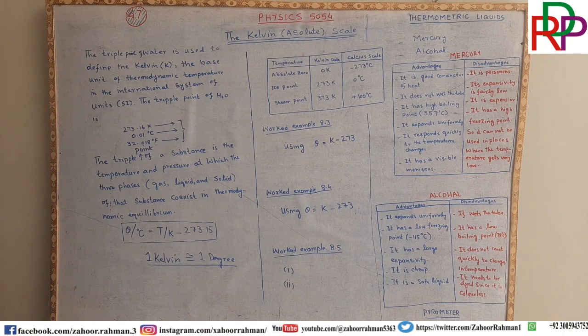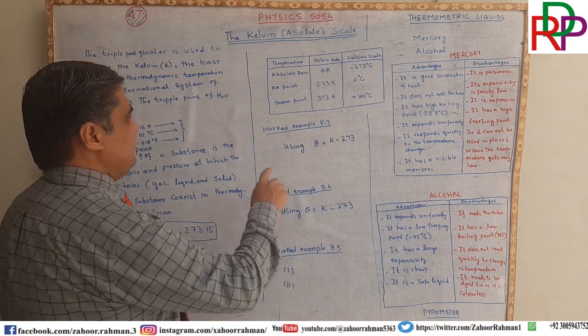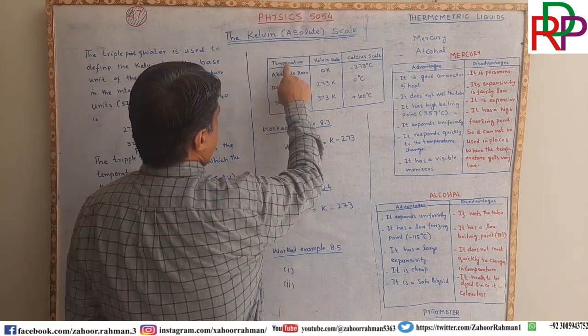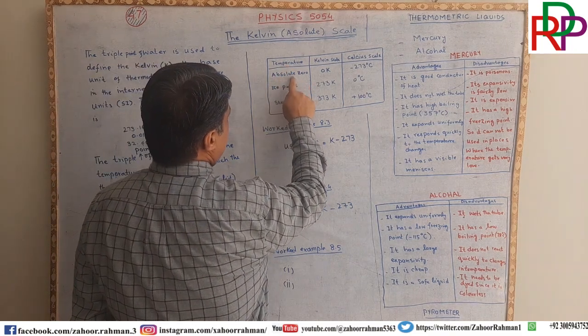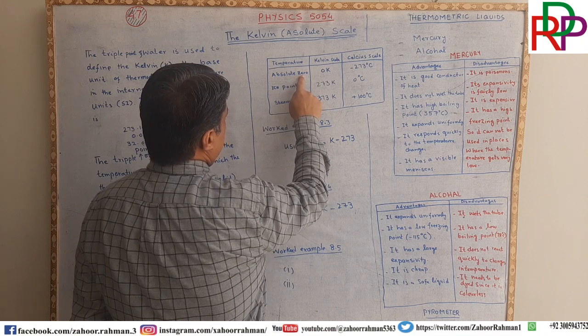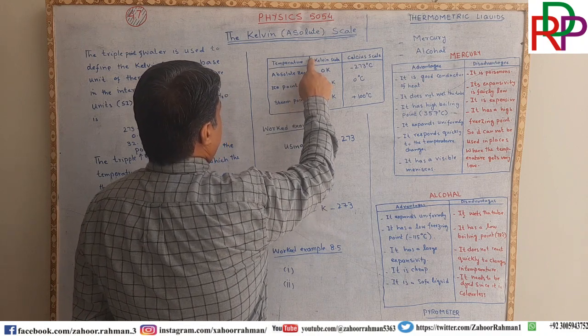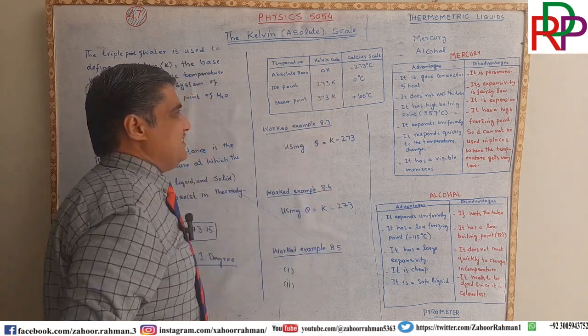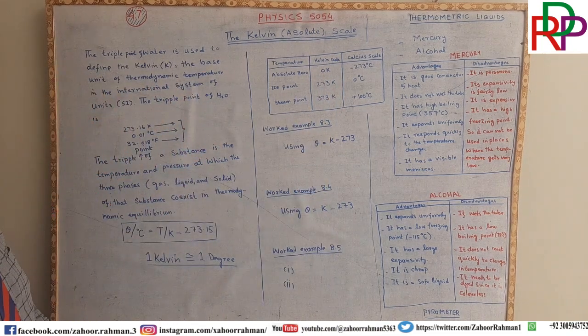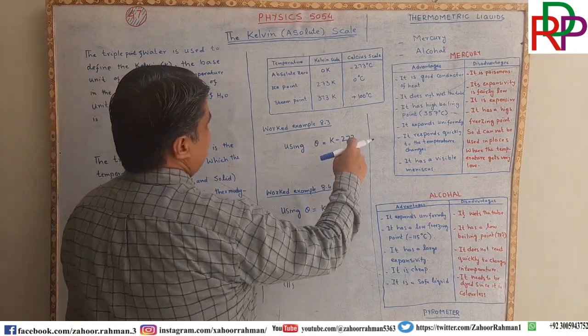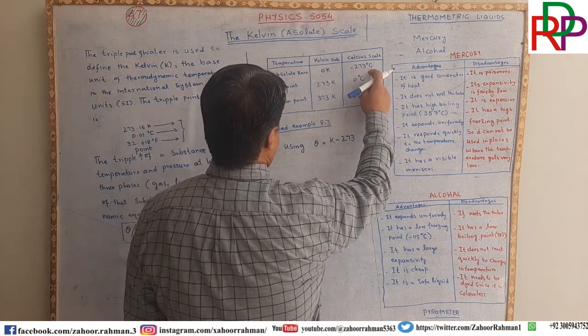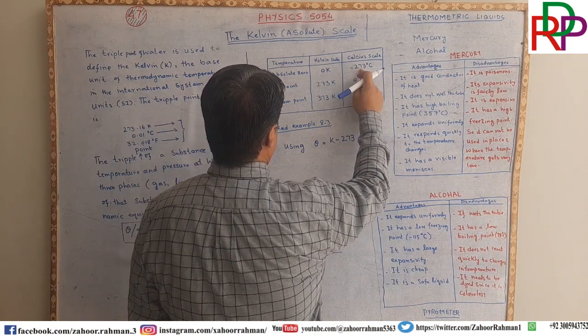So, ladies and gentlemen, there is a temperature which is called absolute zero, and that on the Kelvin scale is 0 Kelvin, and on the Celsius scale it is minus 273.